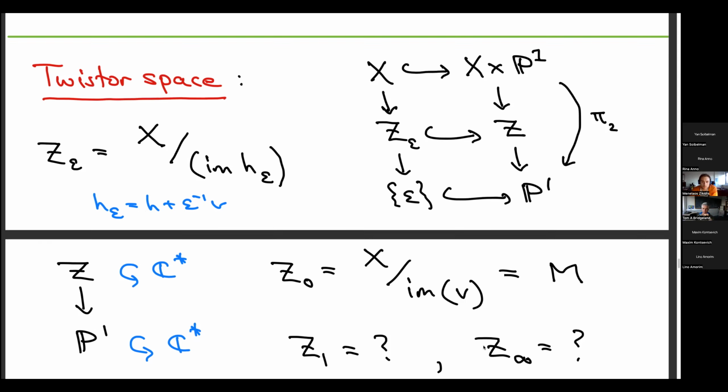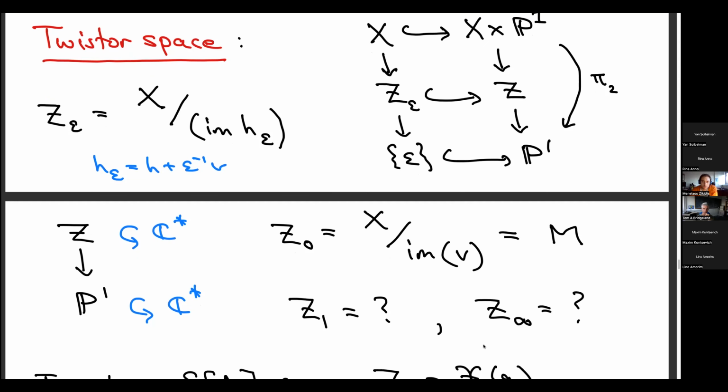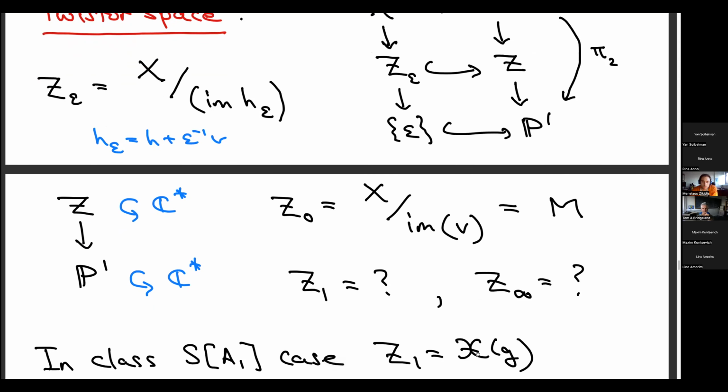But there are 2 other fibers that we need to think about. And if you think about what happened in the class S A1 case, remember, how did we get these distributions? These connections were isomonodromic connections, right? So the leaves consist of connections with the same monodromy. So they're parameterized by that monodromy.